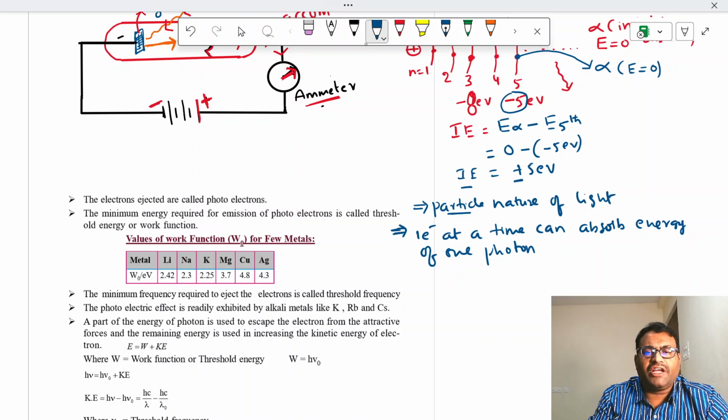One electron cannot absorb energy of many photons. So one electron can absorb energy present in one photon at that particular instant. At the same time, it cannot absorb more than one photon. This point you need to remember.